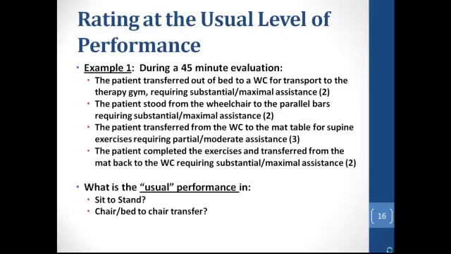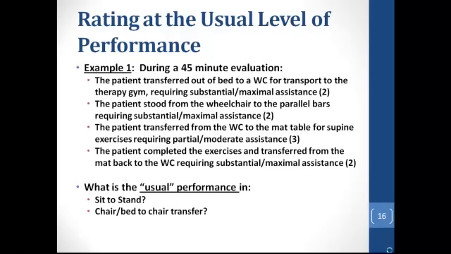Let's look at an example of applying these ratings. During a 45-minute evaluation, the patient transferred out of bed to a wheelchair for transport to the therapy gym, which required substantial or maximal assistance. The patient stood from the wheelchair to the parallel bars, requiring substantial or maximal assistance. The patient transferred from the wheelchair to the mat table for supine exercises and required partial or moderate assistance.